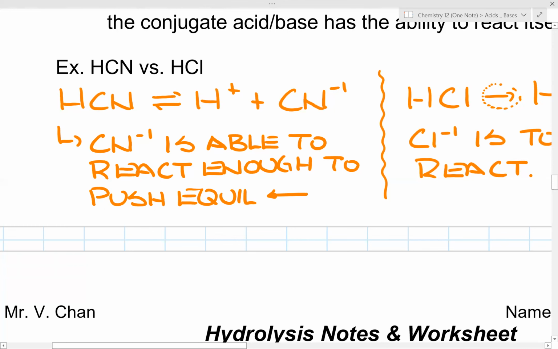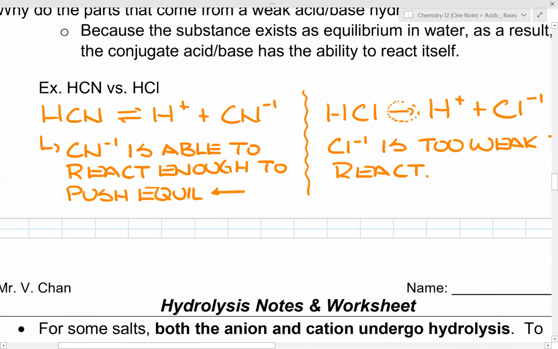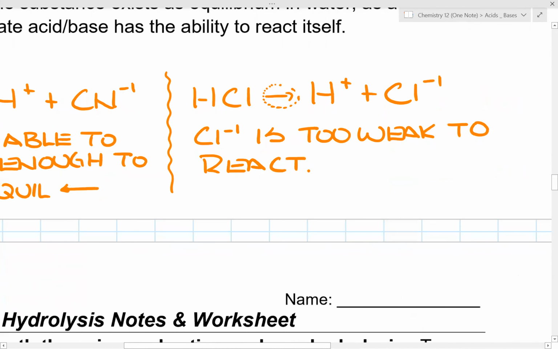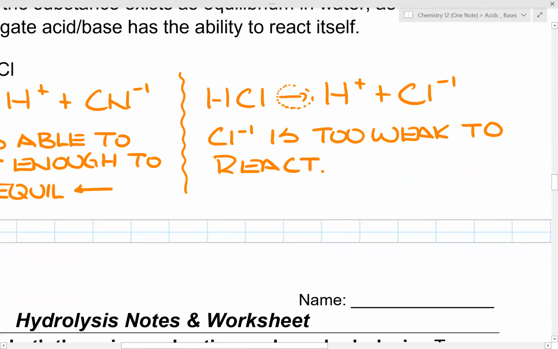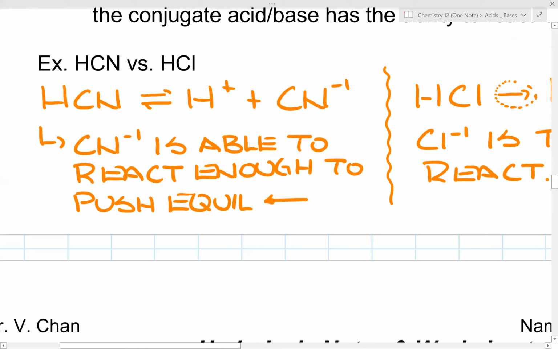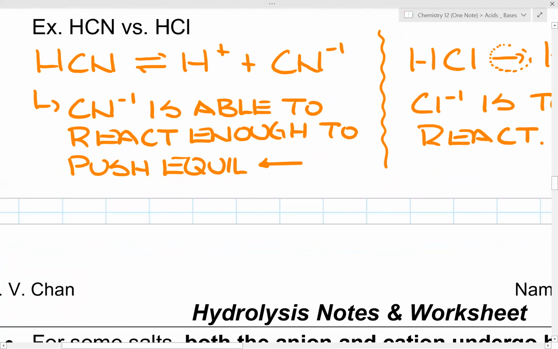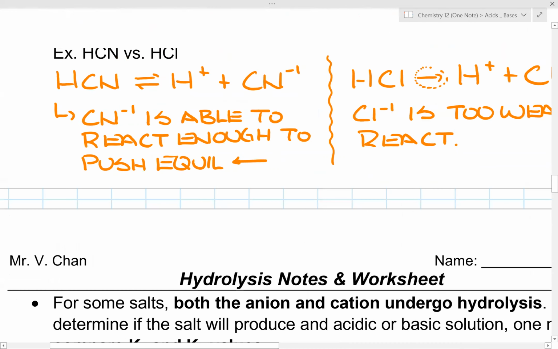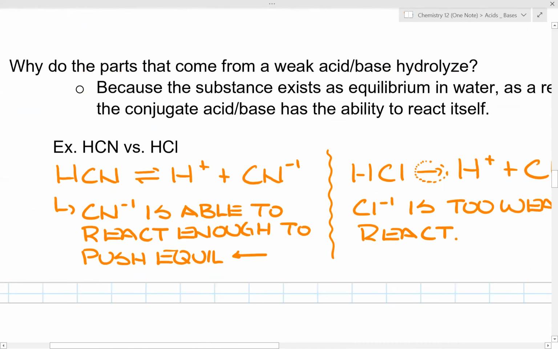That's the key thing, because HCl is a strong acid, so it dissociates completely. So the Cl minus 1, or the conjugate base, is too weak to react. But if it exists at equilibrium, there is enough of the conjugate base in this example to push the equilibrium back towards the reactants.